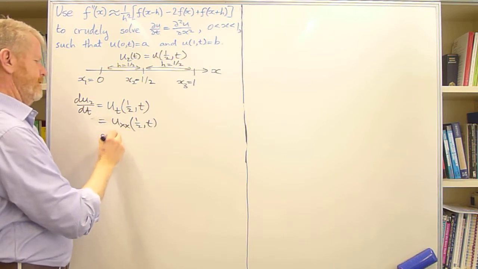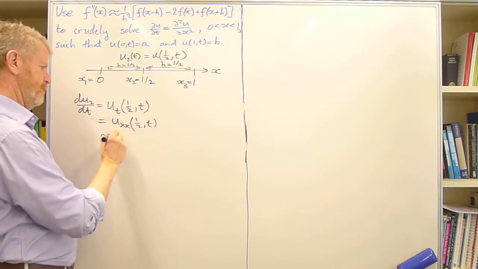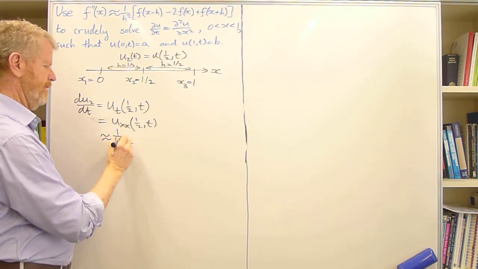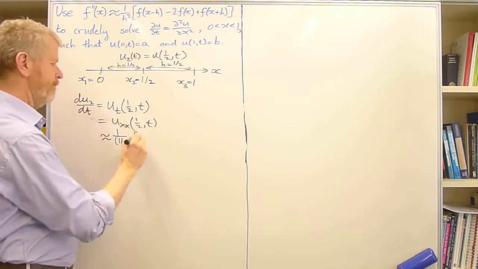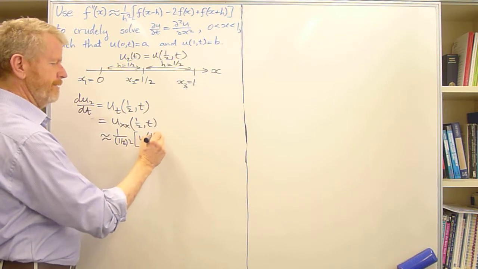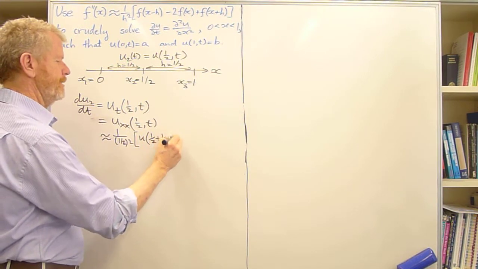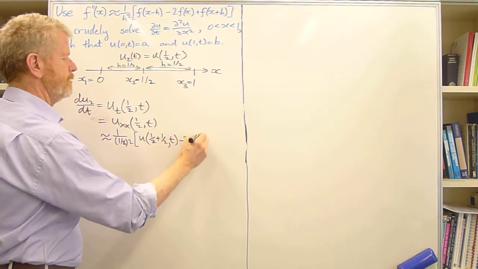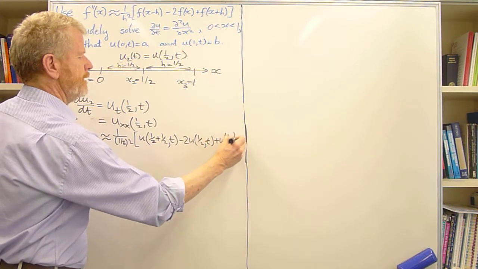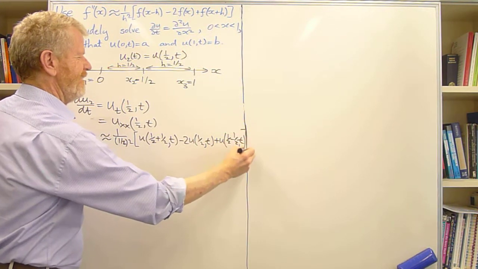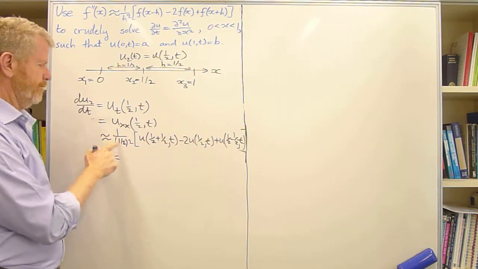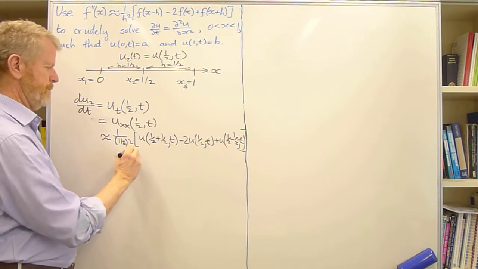Alright, so the formula says u of xx is approximately 1 over h squared, so that's 1 over a half squared, times u at a half plus h, that's a half, minus 2 u at a half, t, plus u of a half minus a half, t. Okay, now we can do things with this, because 1 over a half squared, that's 4.